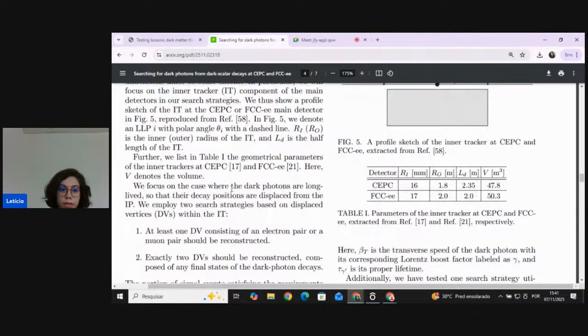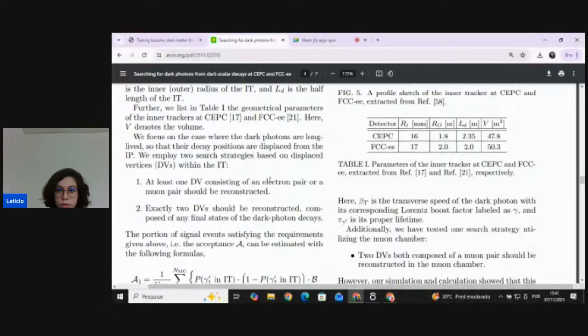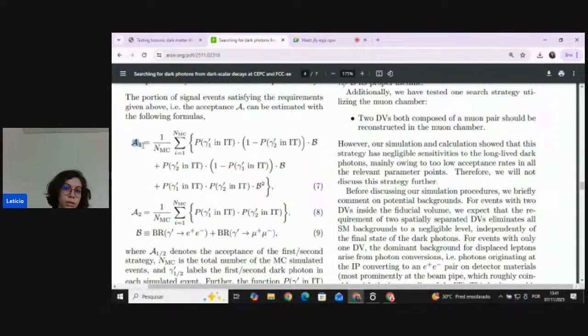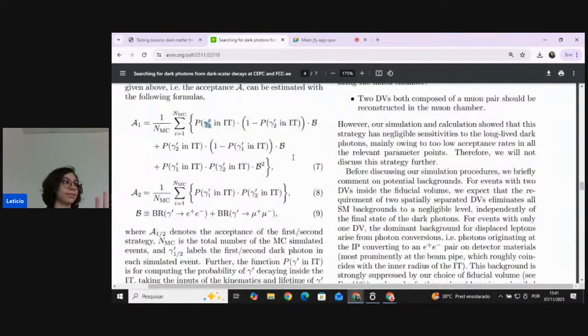But one thing that they have more discrepancy on is the integrated luminosity. Here would be the acceptance formulas for both of the strategies. It is dependent on the probability of the first one decaying in the inner tracker, and a bunch of statistics. And I'm so sorry, I don't know much about it, so I'm not gonna dive further into this.